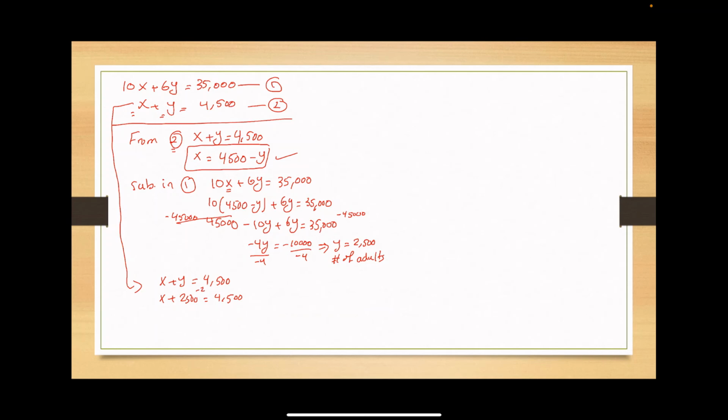Subtract 2,500 from both sides. This will cancel, so x is equal to 4,500 minus 2,500, which is 2,000. And this is the number of children.